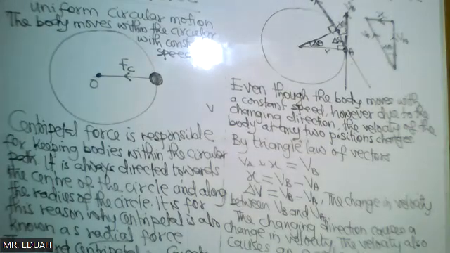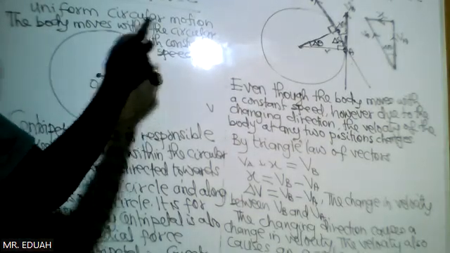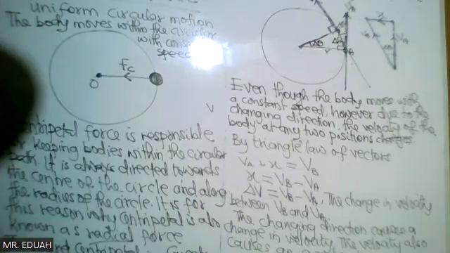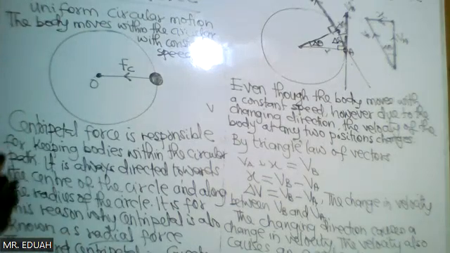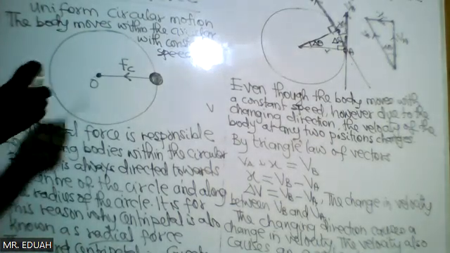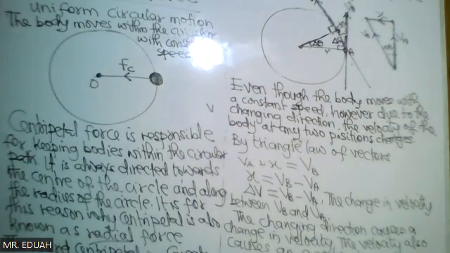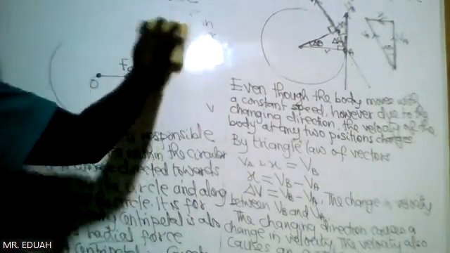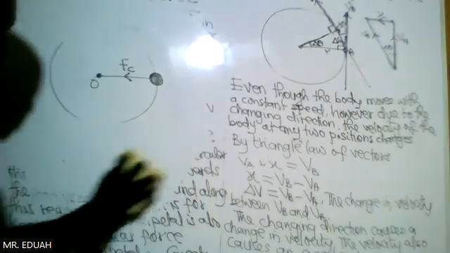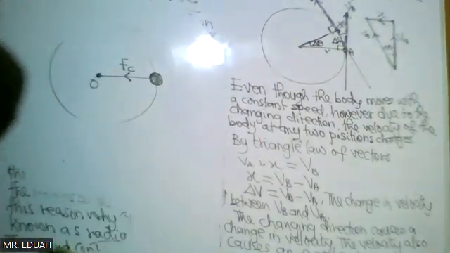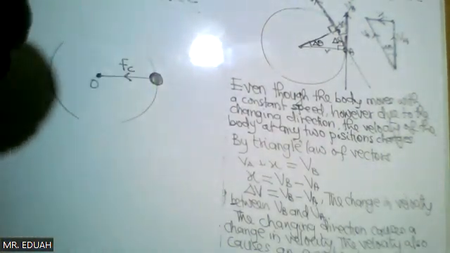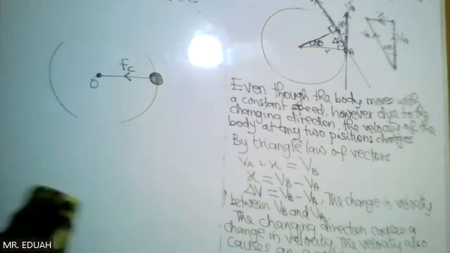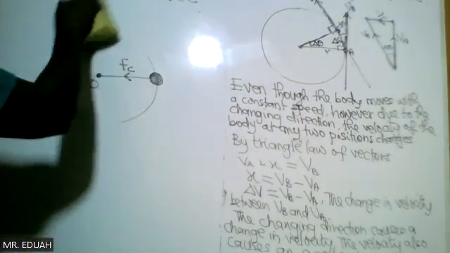Let me clean this side and write that for you. Don't forget velocity is a vector quantity, so it has magnitude and direction. As you grow, I will explain this with that diagram and mathematical terms. For now, you won't enjoy it.